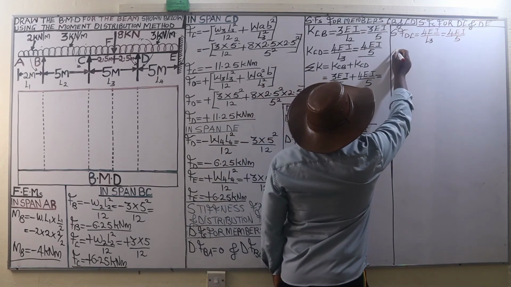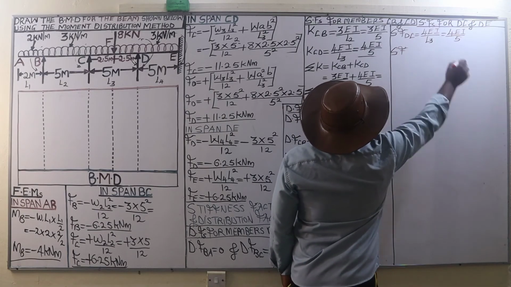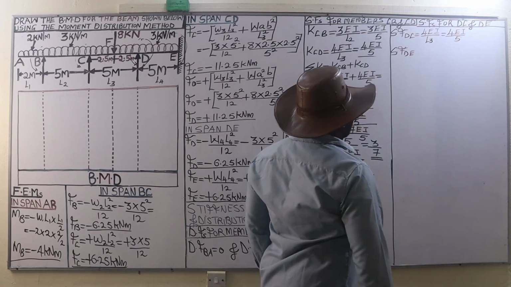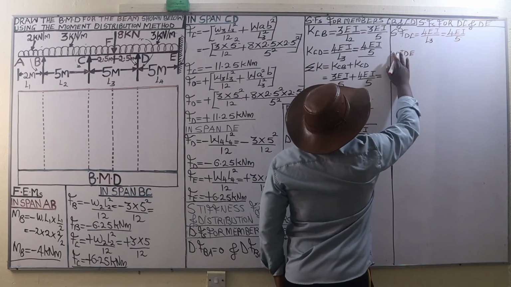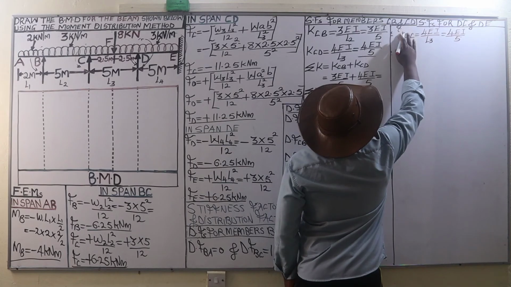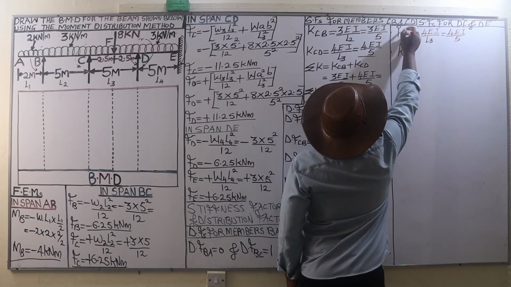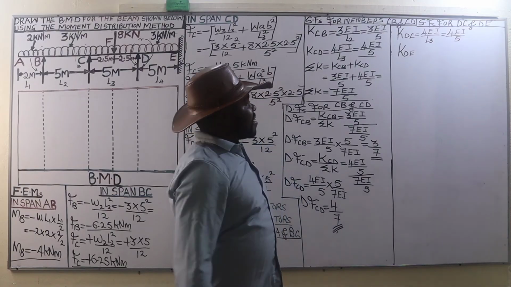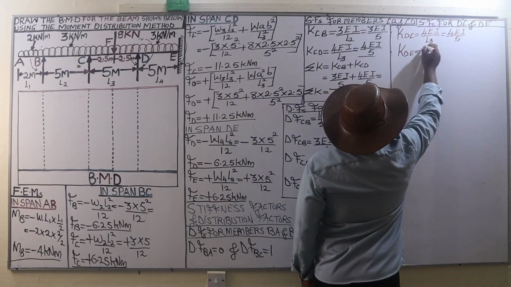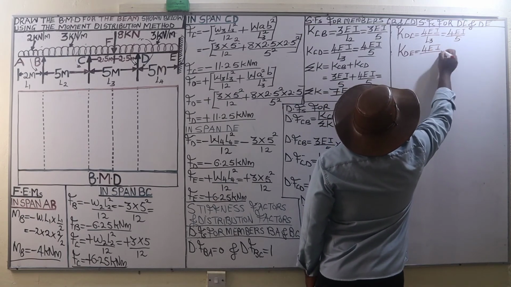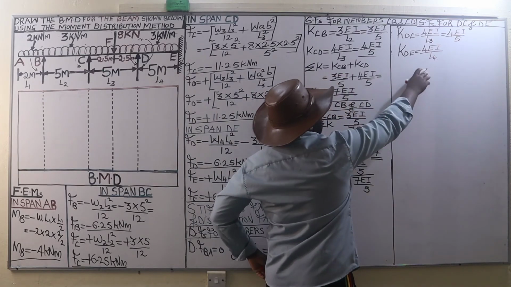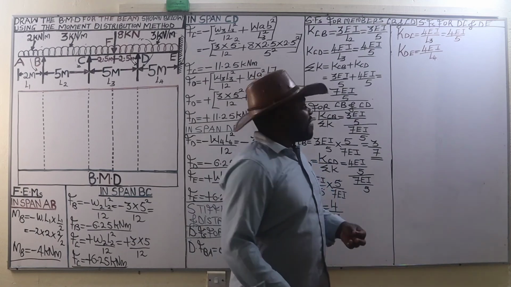Then from there you go to the stiffness factor for the member DE. Let me use the symbol K, so KDE, and for the other one, KDC. The stiffness factor for the member DE will be given by 4EI divided by L4. 4EI because the beam is fixed at E. So when a beam is fixed, that is the formula for determining the stiffness factor.